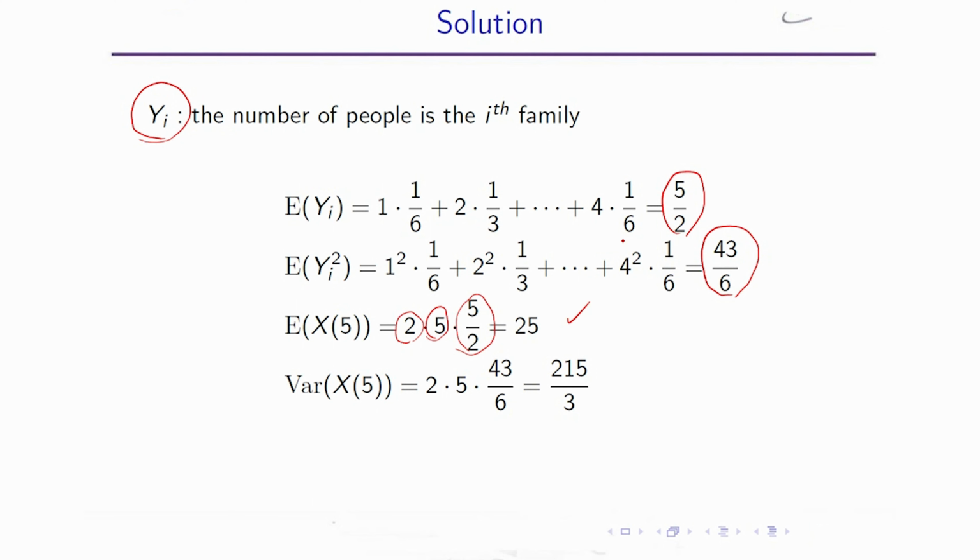Turns out we get 25. Similarly, the variance of X_5 would be lambda times t times the expectation of Y_1 squared or Y_i squared. It doesn't matter because the Y_i are IID random variables, so Y_i squared or Y_1 squared is the same. And that would be 43/6, so we get 215/3.